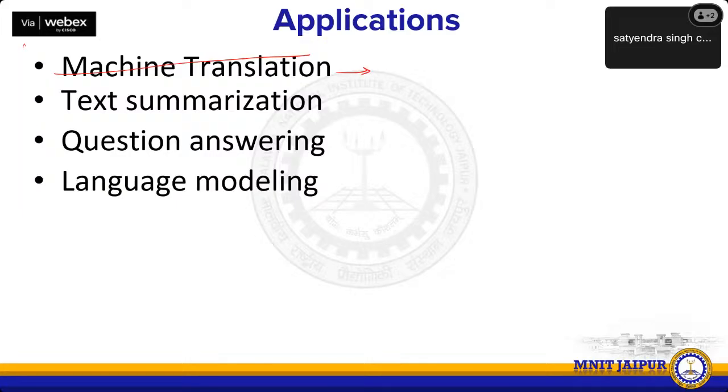The machine translation solution that Google has given uses Google Neural Machine Translation, which uses the transformer. T5 and BERT are used for text summarization. For question answering, again the BERT transformer is used. Language modeling like GPT or the GPT series are applications of the transformer.